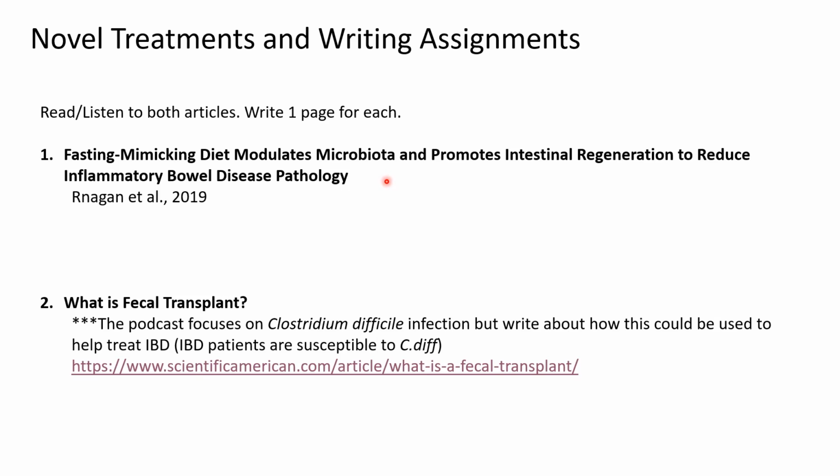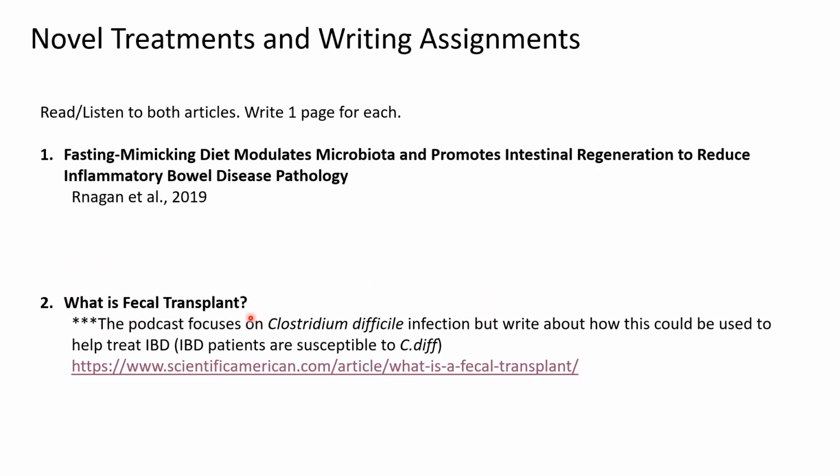So just imagine if you were going to try to explain the paper to a friend or a family member, try to do so with a general understanding. What are the figures saying? What's the main message of the paper? And do you feel convinced that they've shown that microbiota and this fast mimicking diet are somehow reducing inflammatory bowel disease pathology? And then second, what is fecal transplant?